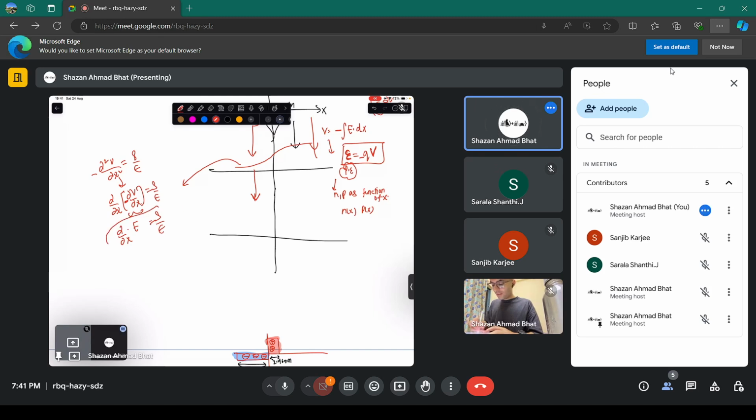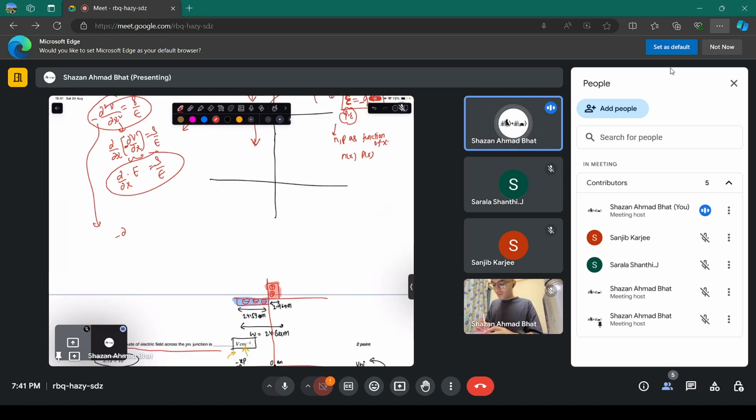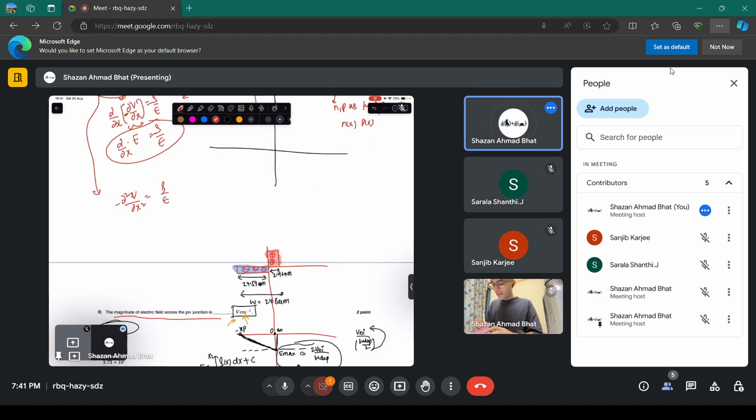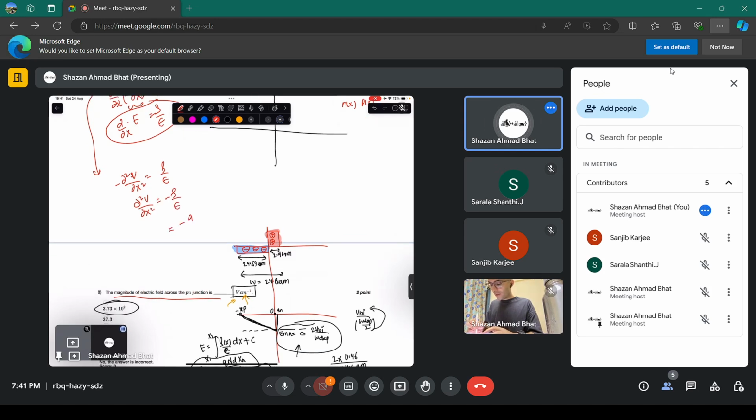But if you start from minus dou square V by dou x square equals rho by epsilon, you write dou square V by dou x square equals minus rho by epsilon, and you write rho as q times nd by epsilon.